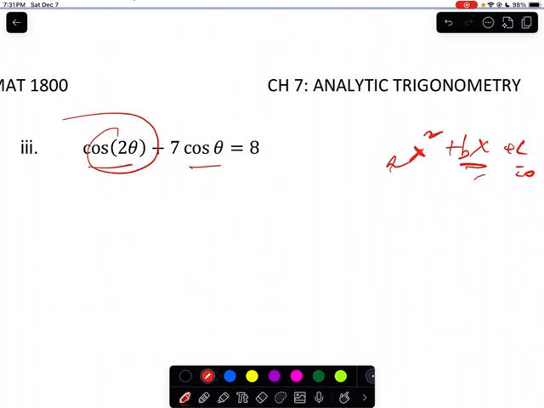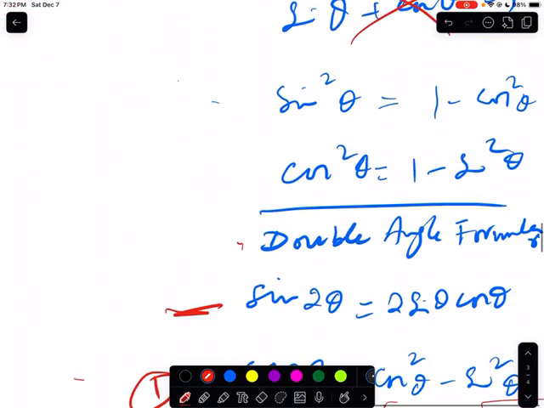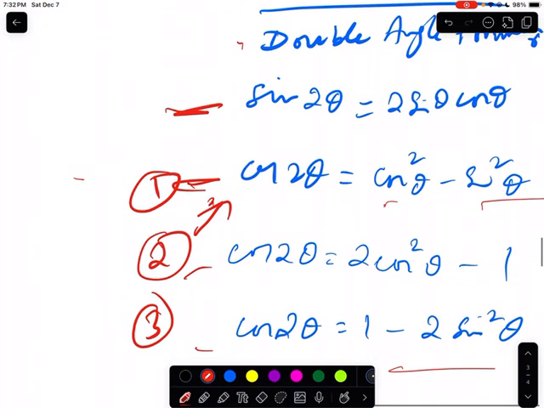So in here we have cosine of theta, which we can substitute as u or z or t or whatever you want. So the square term should also be the same variable. So the square term should also be cosine square. If I use the first expression here, then I will end up getting a square of cosine and a square of sine.